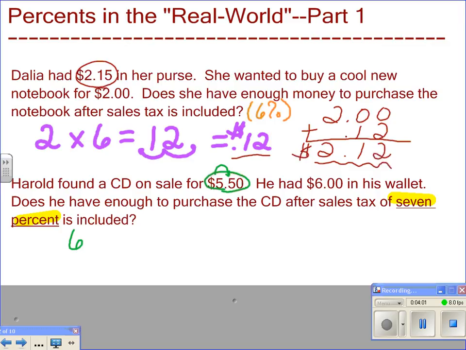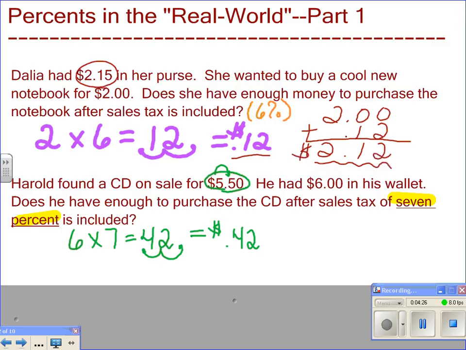Okay, and I'm going to multiply that by my sales tax of 7%. 6 times 7 is 42. I'm going to go ahead and divide that by 100 because percents are out of 100. So that means moving my decimal 2 to the left, which is equal to 42-cent sales tax on the sale.